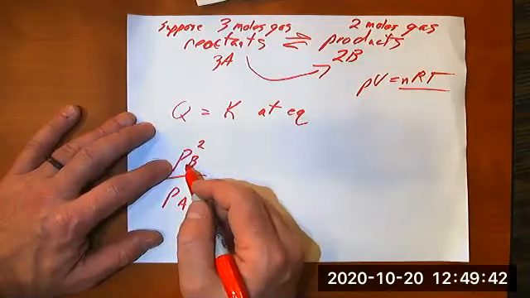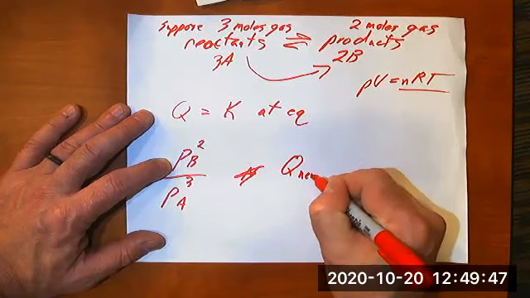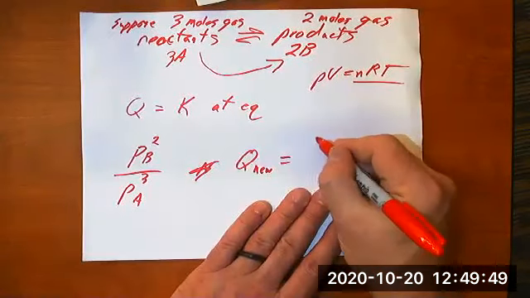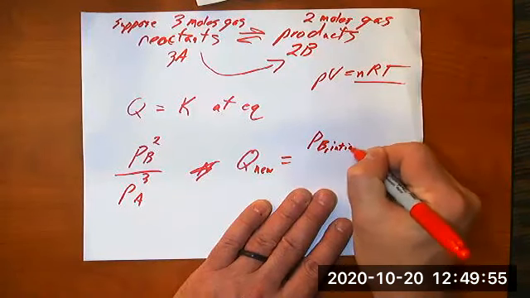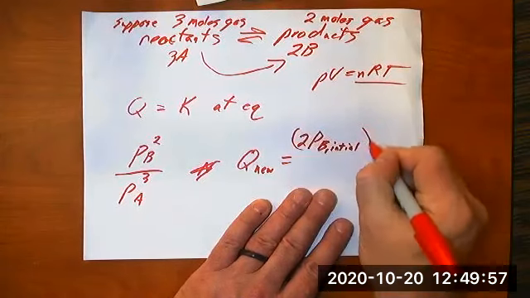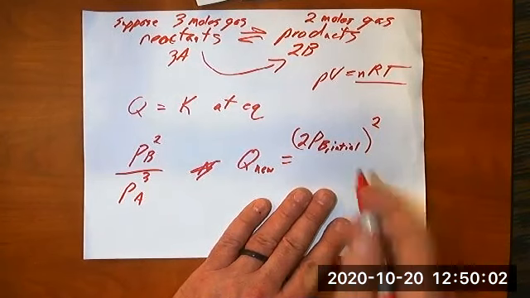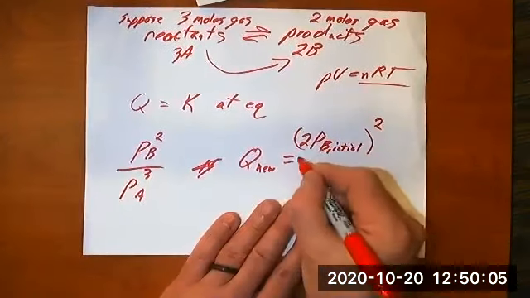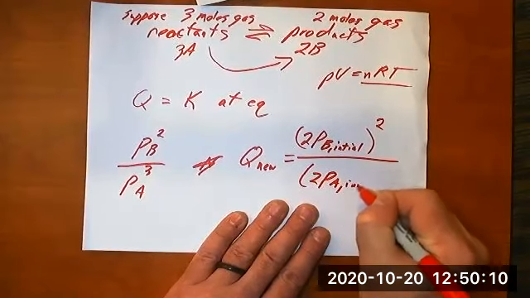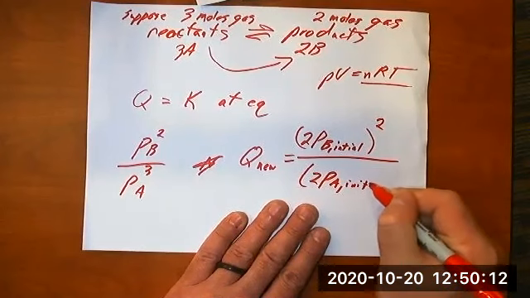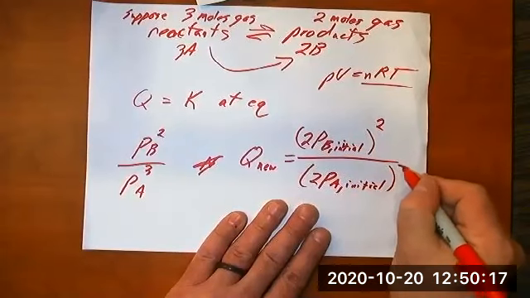If we are doubling the pressure, then what's happening is that our new Q, so let's do Q new, is going to be our initial pressure of B times 2, that whole thing squared. Right? We've doubled the initial pressure, and this is then going to be over double the initial pressure of A, and that's cubed.